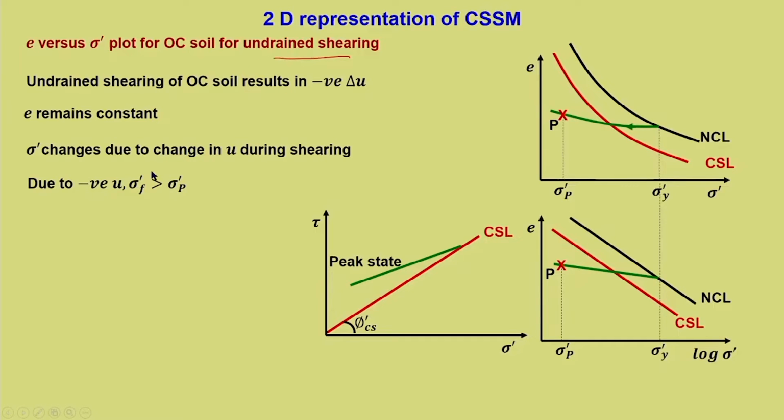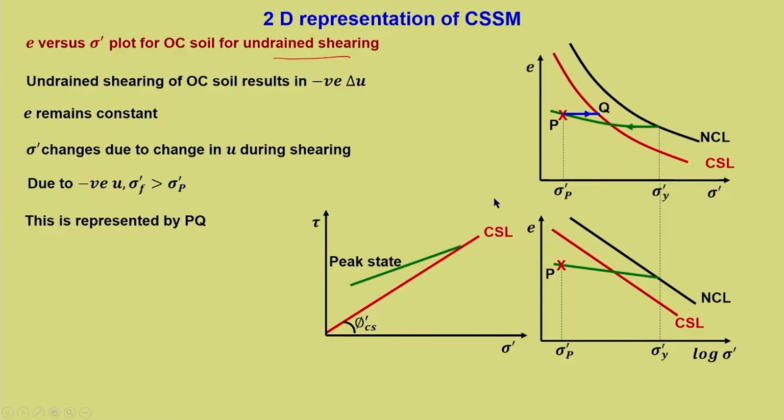Due to this negative pore water pressure, the initial effective normal stress would change. What is the implication of negative u? Sigma dash f, the final or failure normal stress, will be greater than the initial normal stress. This we know because u is getting added up. Now, this is represented by PQ.